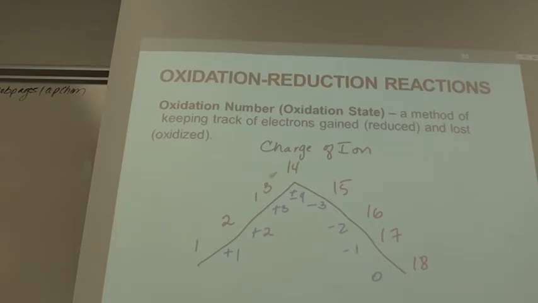Anything that is in group 13 that has a +3 charge has an oxidation number of +3. So rubidium has an oxidation number of +1, fluorine has an oxidation number of -1. Okay, that's what I mean by that. Moving on.